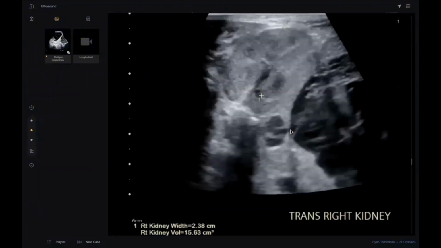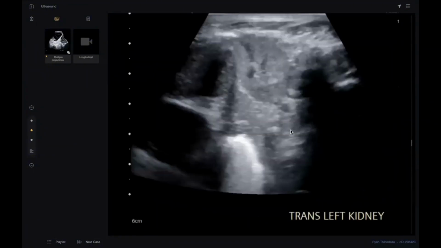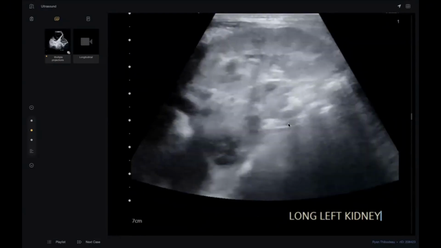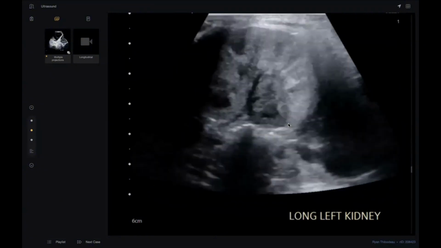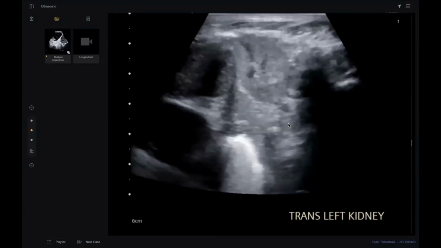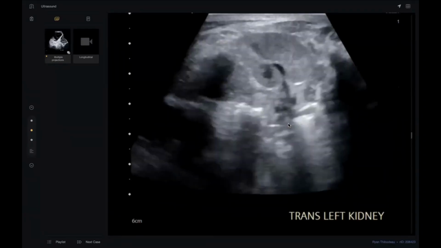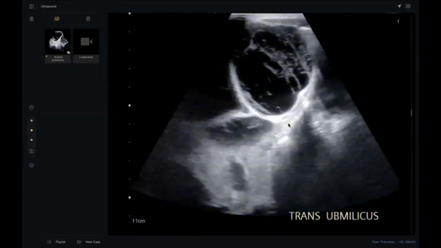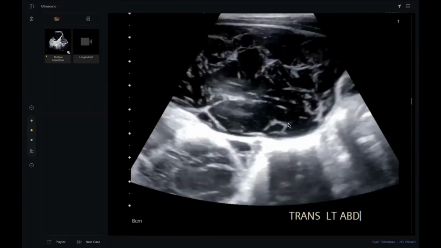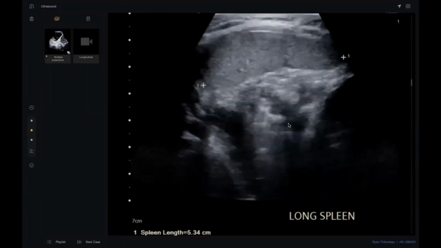Kidneys in this patient seem to be, this is a long left kidney. This is unremarkable. I'm looking for the right kidney, long. So give me your differential diagnosis.